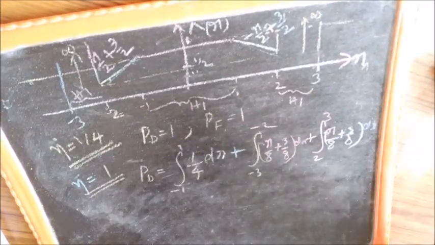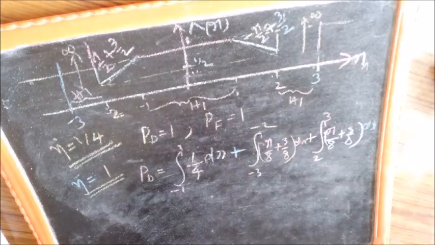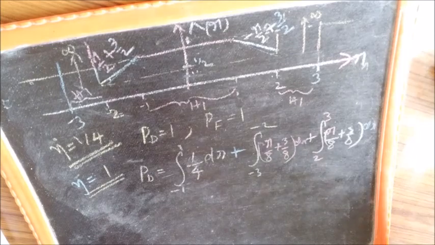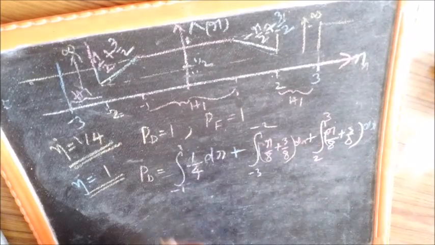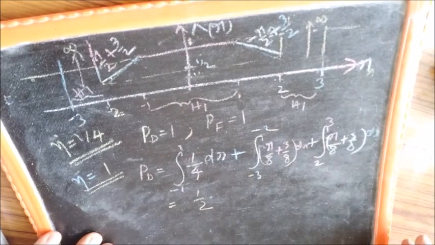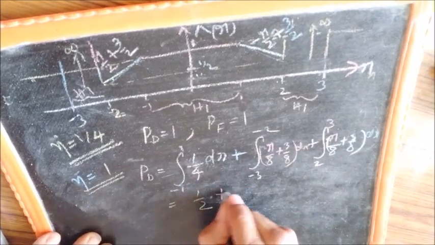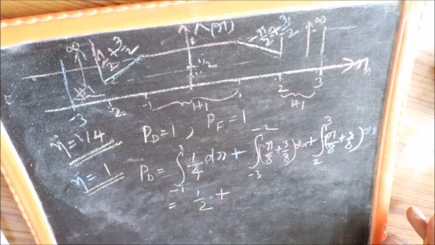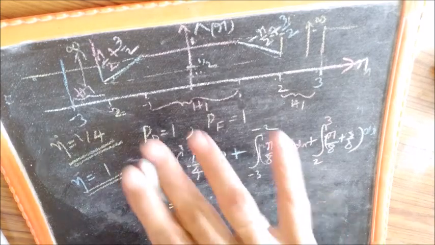You can either calculate this, or by observation you know that those were triangles. So you can calculate the area of that triangle, because basically you are finding the area under the density function.